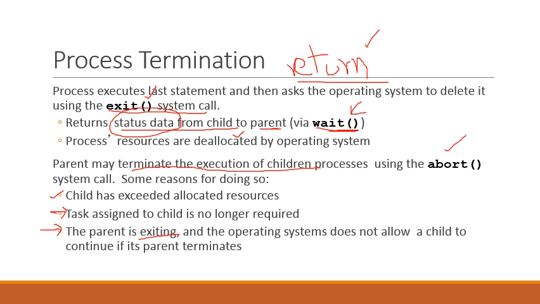That is, if the parent has terminated or completed its execution before the child process, then the operating system will not allow a child process to exist. So again, in this case, the child will be terminated.